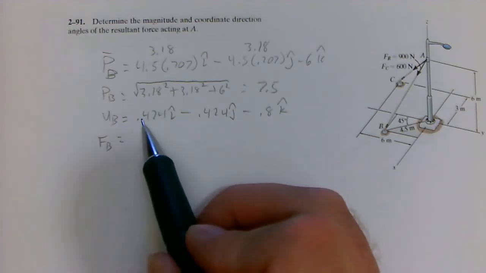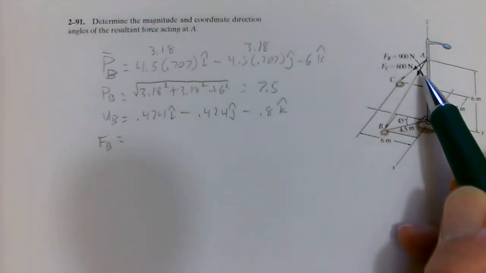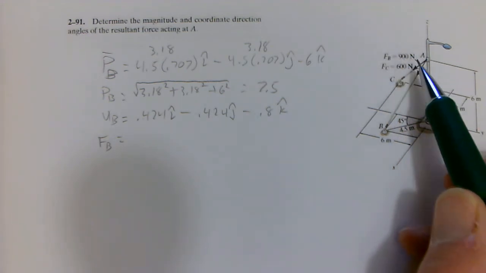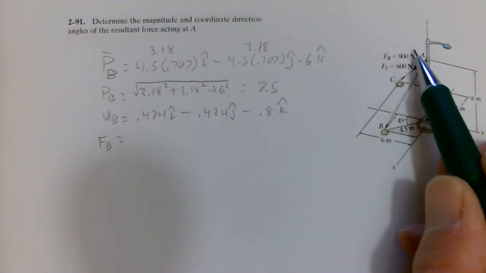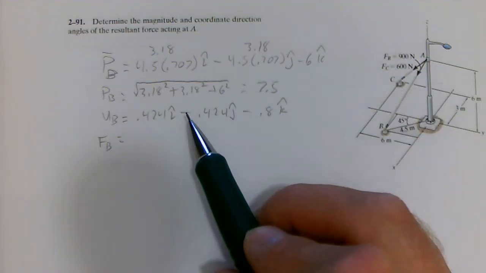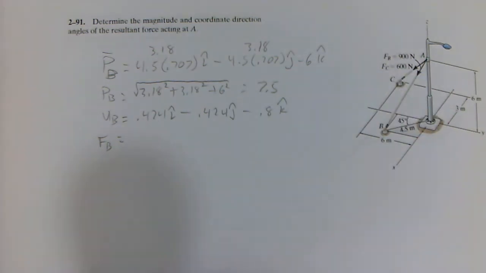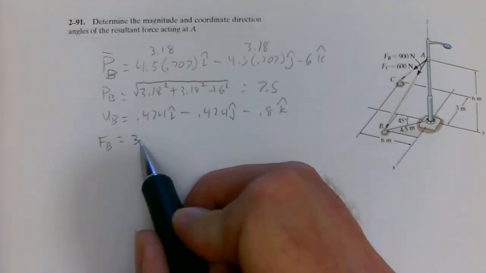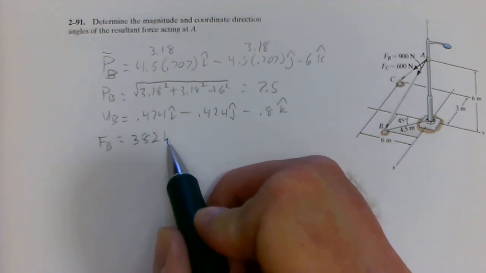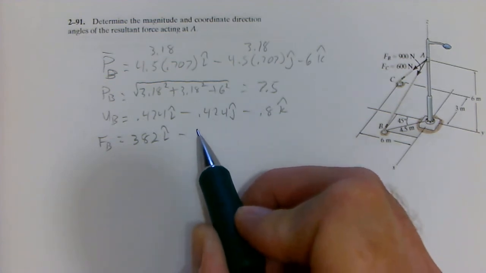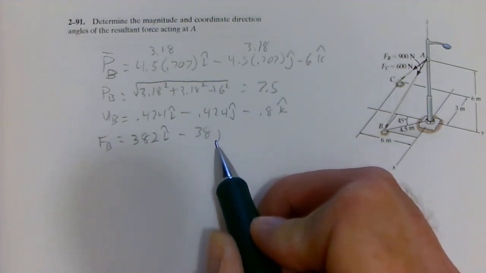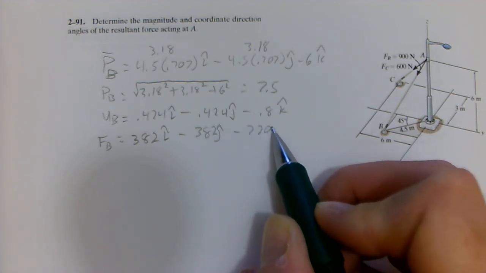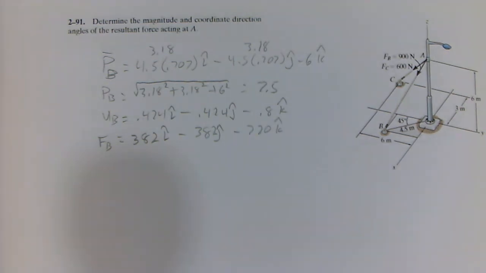And now we're going to multiply each of these by the magnitude, which is 900. So 900 times 0.424 is 382 in the i, negative 382 in the j, and negative 720 in the k.